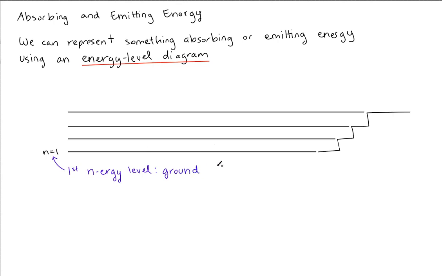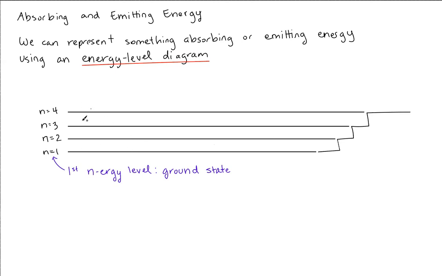But in this case, we're just going to start thinking that the ground state is when everything is in the lowest energy level that it can be. So I just want to introduce that word as the idea that it's in the lowest possible energy level. And so our next line just represents our second energy level, and the next line represents our third energy level, and the next line represents our fourth energy level.